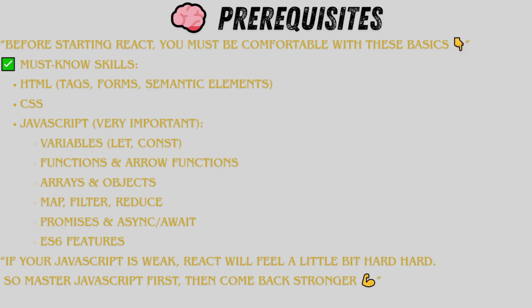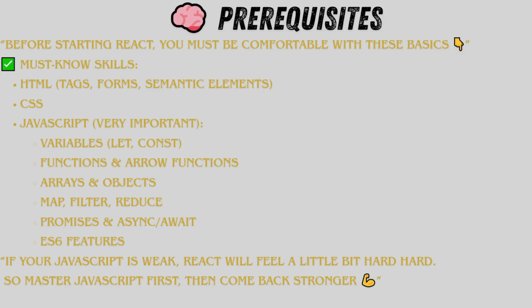What are the semantic elements? H1, H2, UL, LI elements. So all these things you should have a basic idea. Second is CSS. You should have an idea about how you write CSS for your HTML elements so that you can make a responsive website.